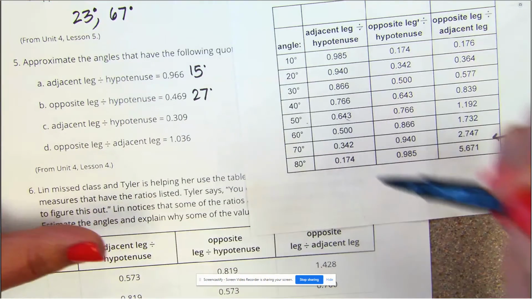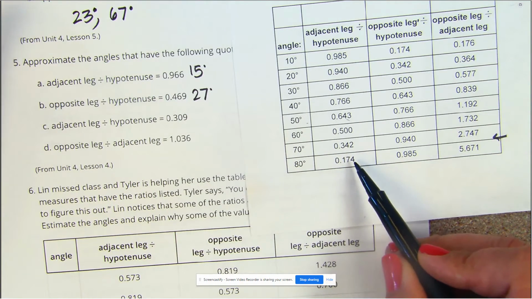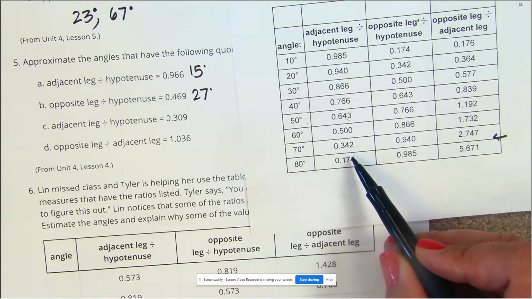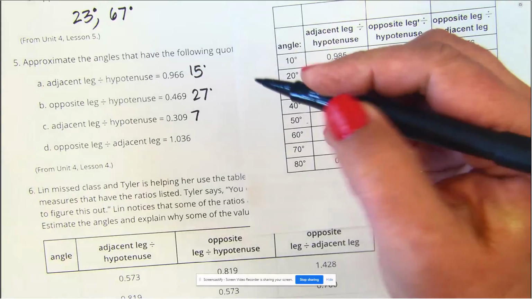Okay, come on, Miss Austin. So maybe 70.25 would be 75. I don't know, 74.